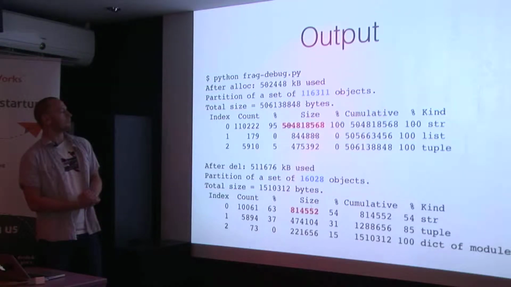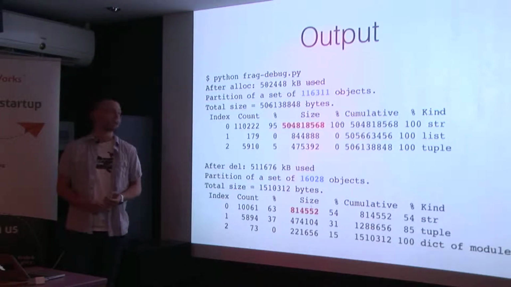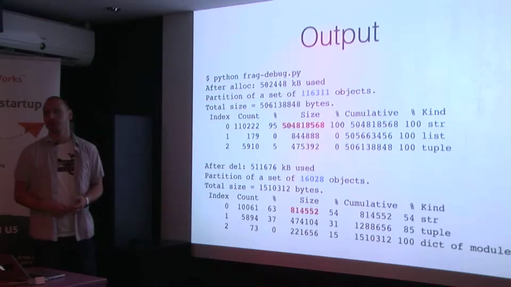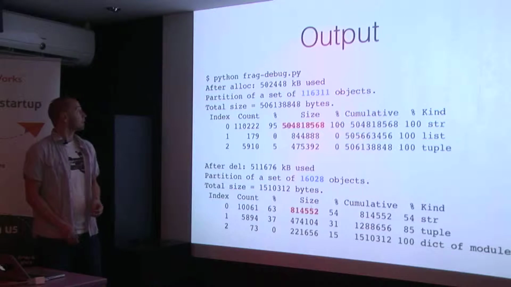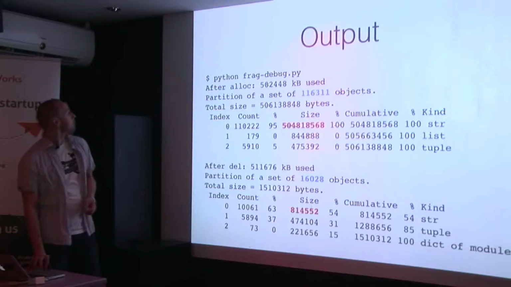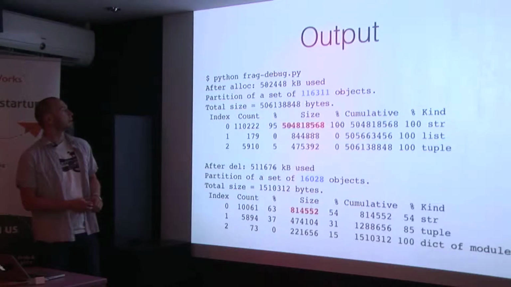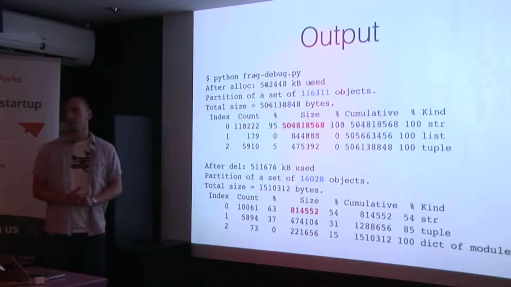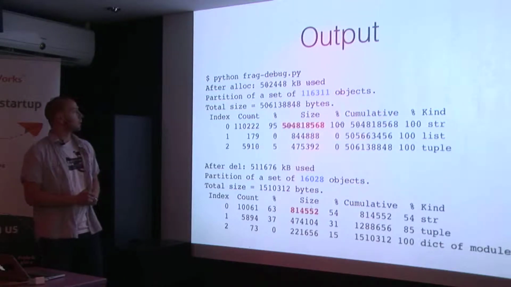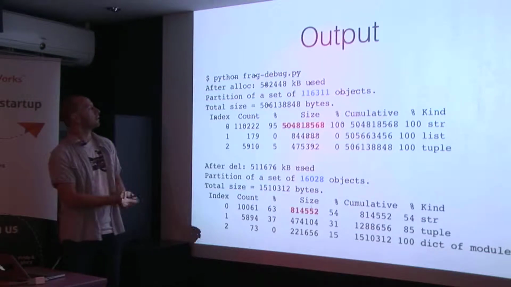It gives you a rough overview of what your Python is doing with objects you've created, or Python itself has created to manage itself. As before, there are two sections here. The first one is just after allocating the big chunk of memory, and the other one is just after using the del keyword. So we see here that after allocating, we have 500 megabytes used.